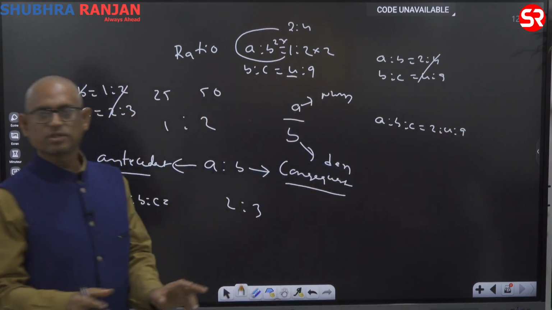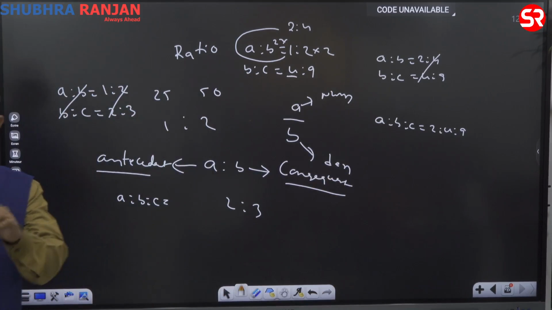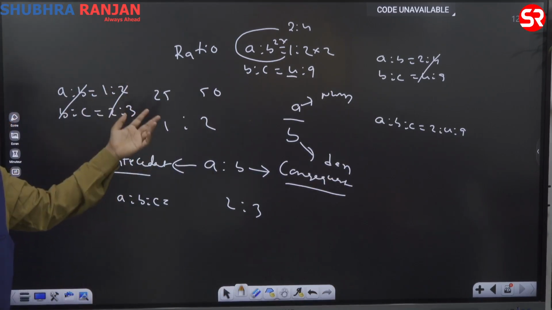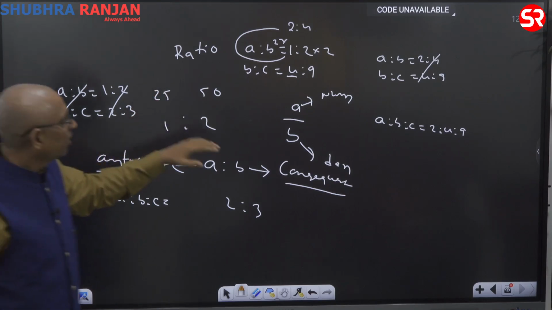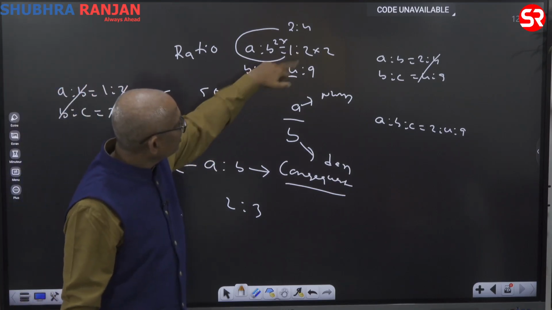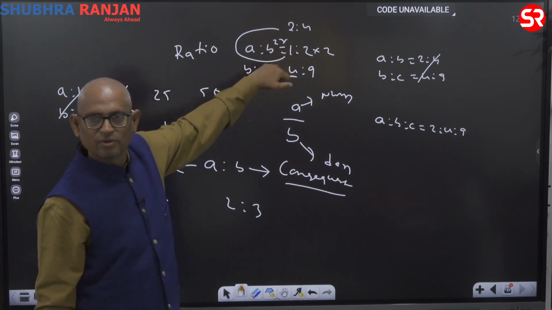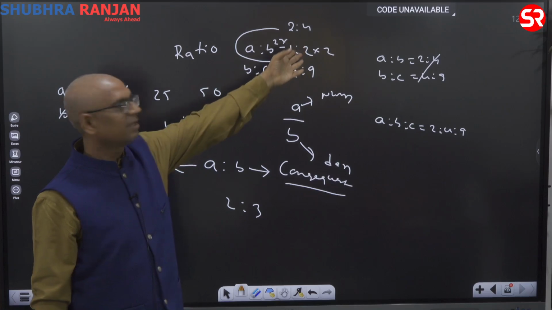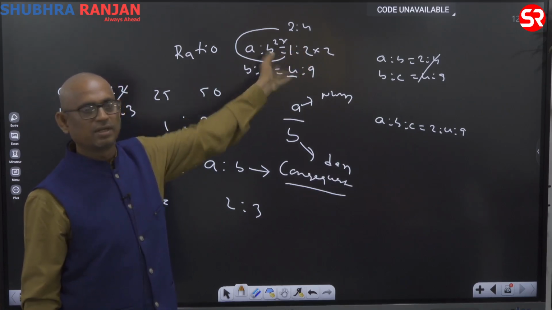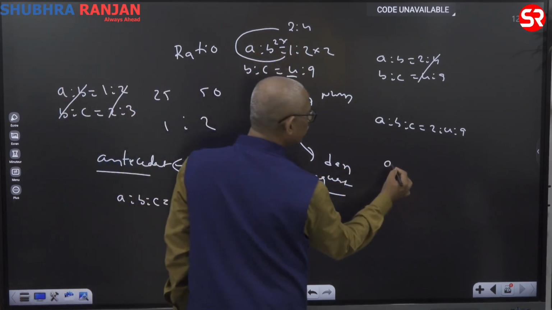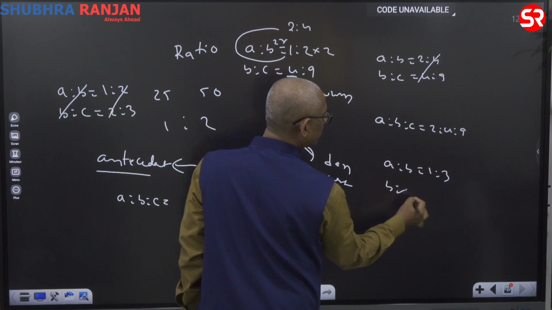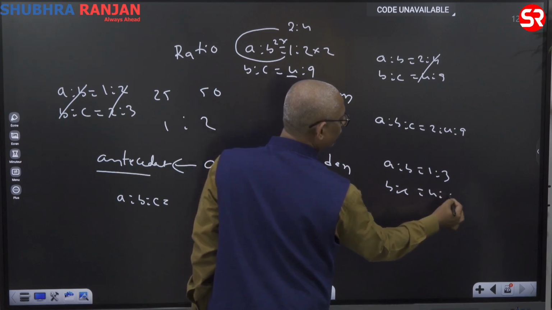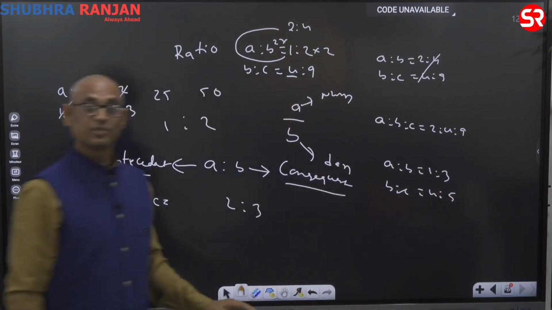If the link is not there, you have to make it by using all the knowledge we have, multiplying and making it comfortable, taking LCM, all the stuff. Now here, what is the LCM of 2 and 4? That's why we are making it 4. That's all. For example, if A is to B is 1:3 and B is to C is 4:5, then what is A is to B is to C?